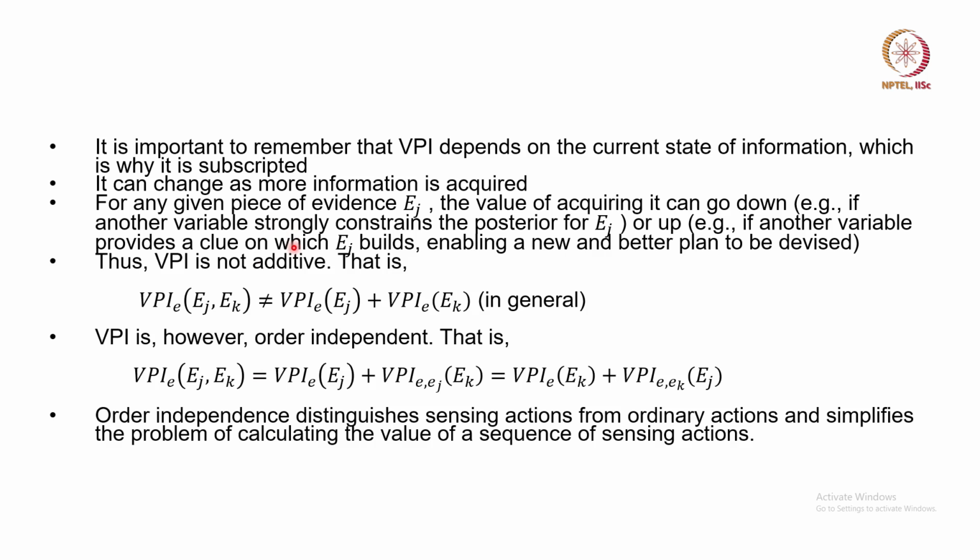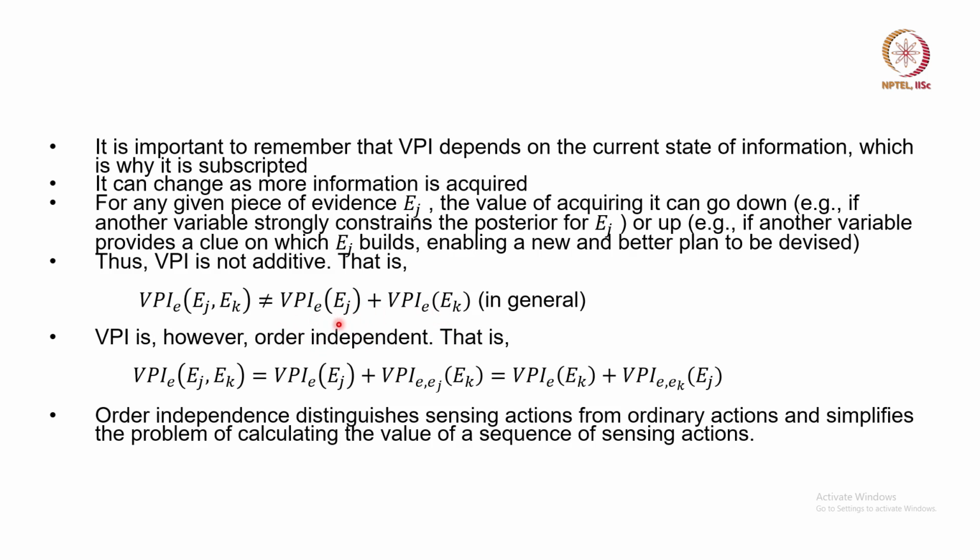The second property that we talk about is that it is not additive, right? We cannot add it in this way. If we take two pieces of evidence, EJ and EK, and we want the value of perfect information of EJ, EK, we cannot take the value of perfect information for EJ and EK and add them together in general. Maybe it will work in some particular case, but in general you cannot add them, okay? But they are what is called order independent.